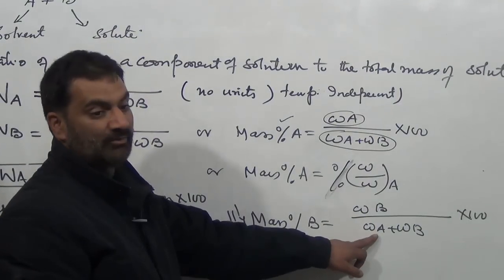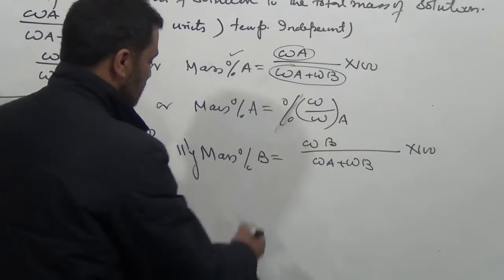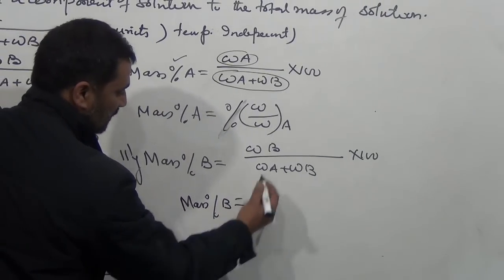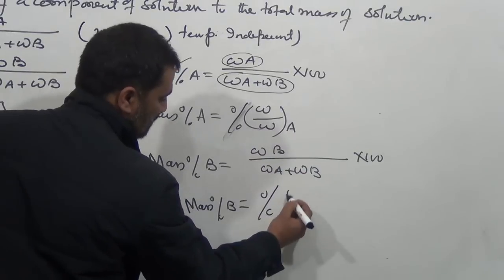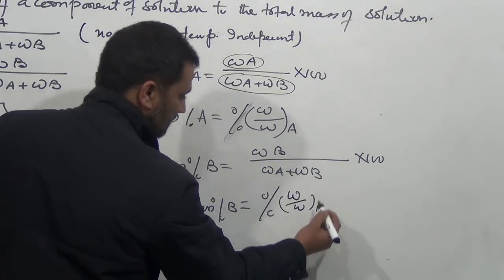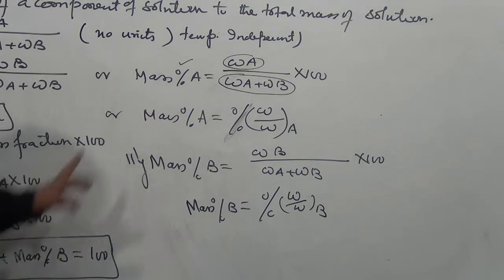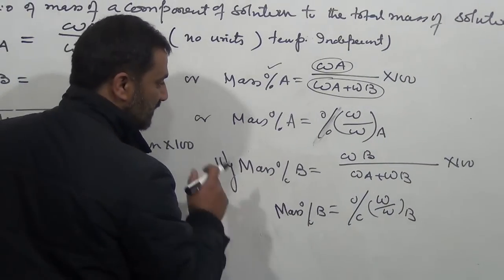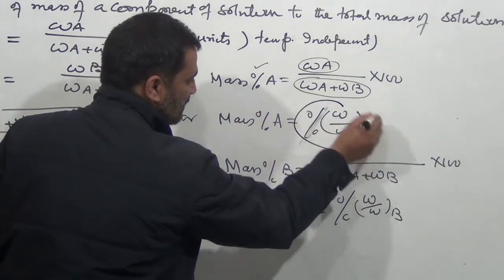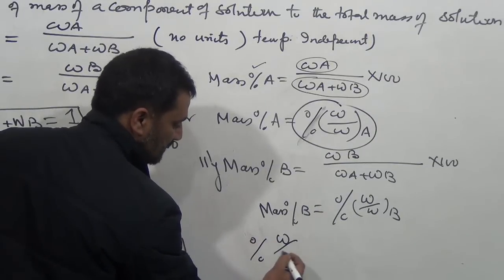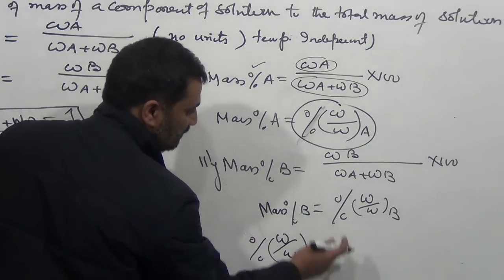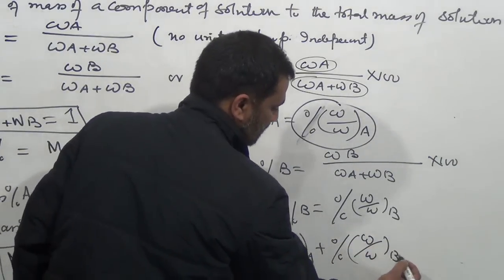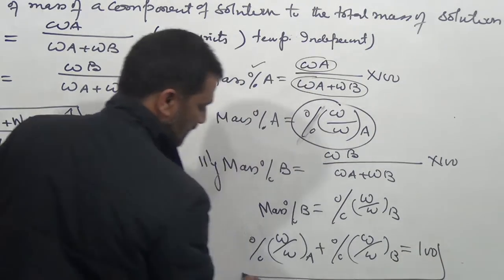Again, in denominator we have mass, in numerator we have mass, so mass percent of B is equal to percentage mass by mass of B. So if mass percent of A plus mass percent of B is equal to 100, we can write percentage mass by mass of A plus percentage mass by mass of B, it is always equal to 100.